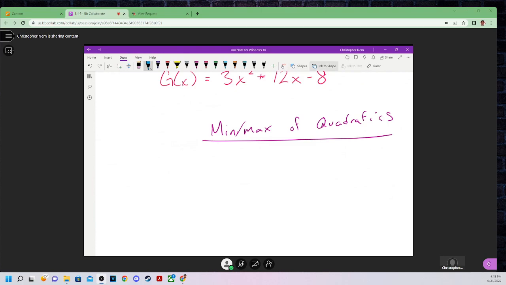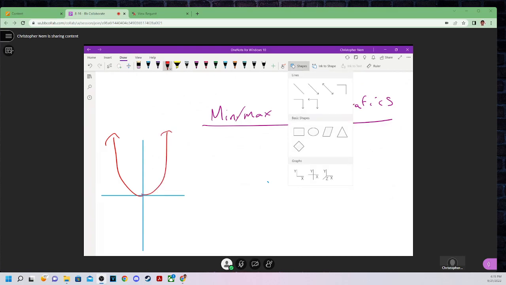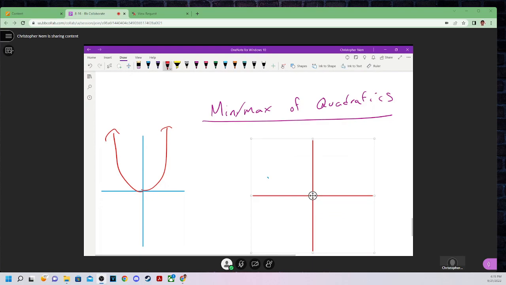So if I were to draw it out, you can either have your parabola looking like this, or if I reflect it across the x-axis, and I hope you remember how to reflect across the x-axis and what that means algebraically for transformations, then you get this.